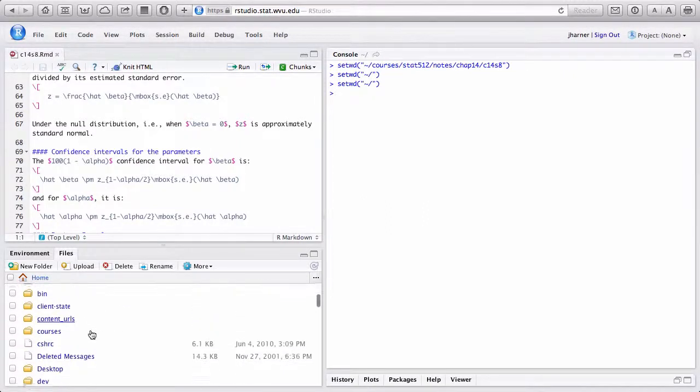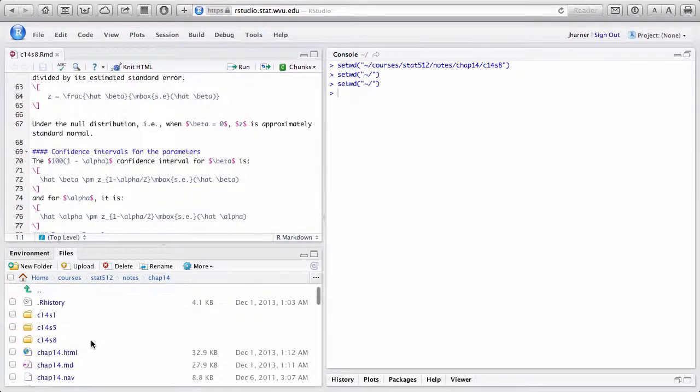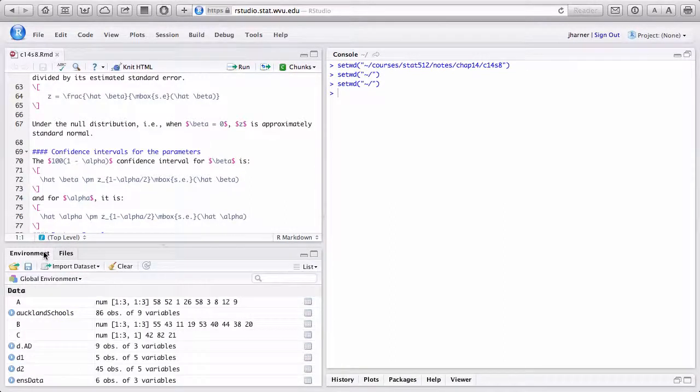Every time you start it up, you have to sort of go through this. It takes you back to your home directory, so you need to go through and just check a few things.